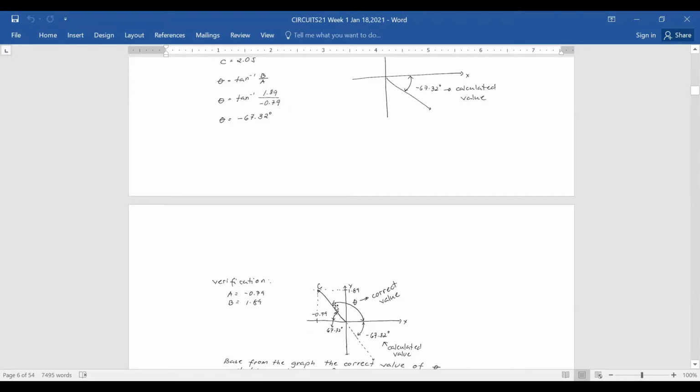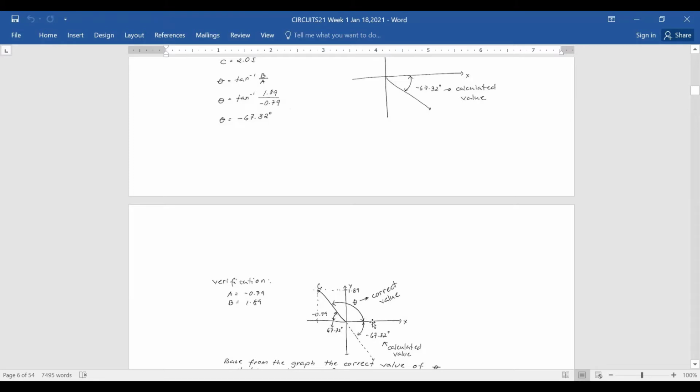Knowing now that the location is here, this is the value of our C. Then to get the correct angle, we can use 180 degrees and this given value of our angle here, because if you follow arctangent of 1.89 over 0.79, the angle there is 67.32.